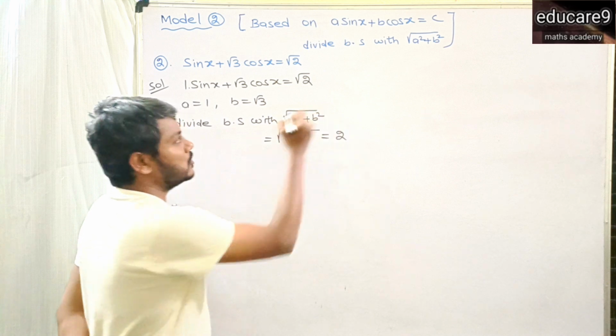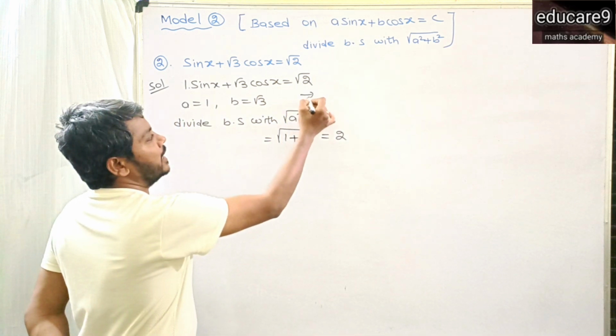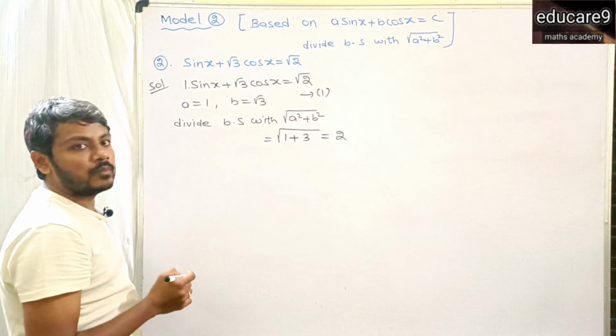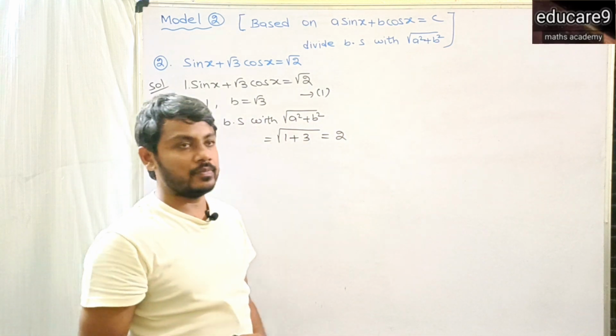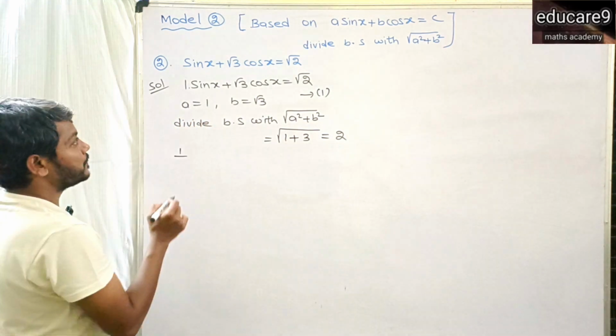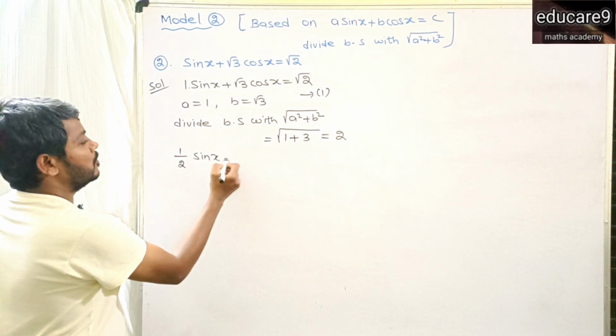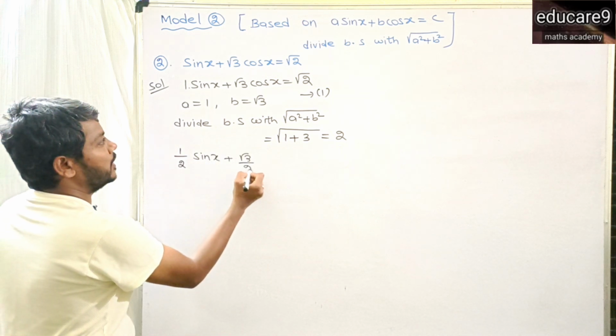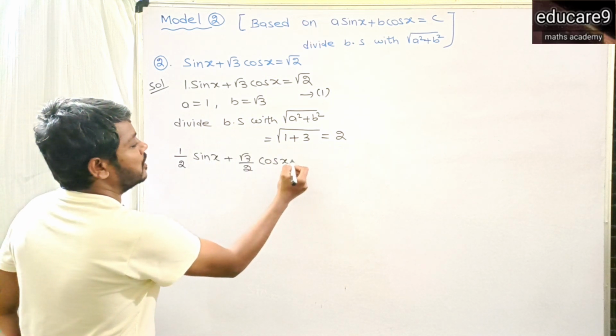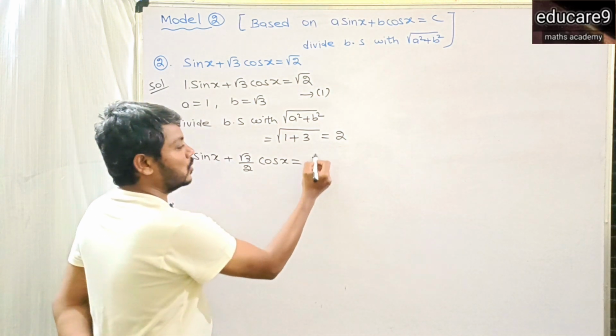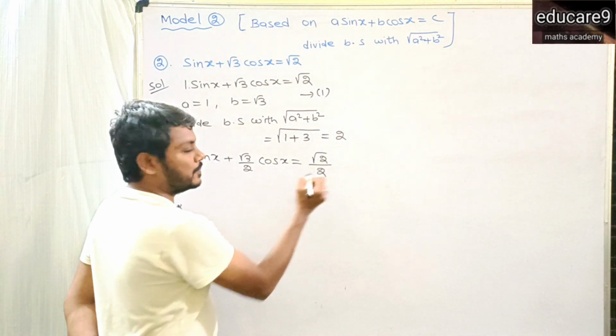Root 4 value is 2. Now divide equation 1 both sides with 2. So equation 1 becomes 1 by 2 sin x plus root 3 by 2 cos x. On the right hand side, root 2 divided by 2.